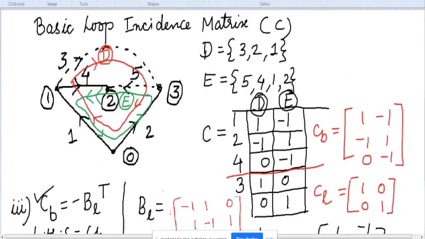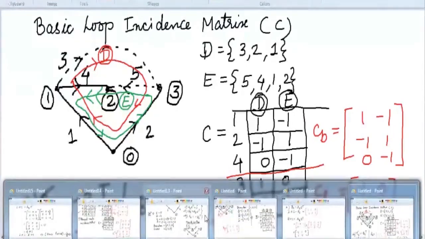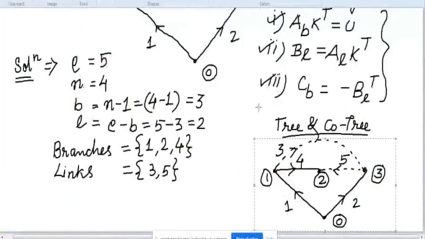For the second two bits, that is bit number 2 and bit number 3, let me go back to the question. So for bit number 2 and bit number 3, you want the basic cut set and basic loop. So if your basic cut set and basic loop incidence matrices are wrong, then you will not be able to prove these two identities.